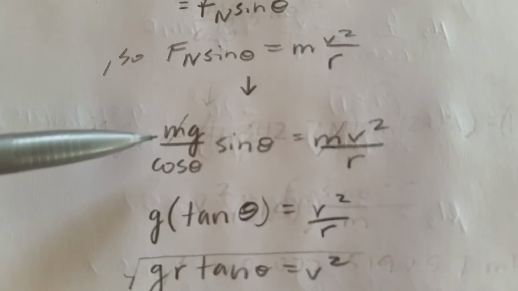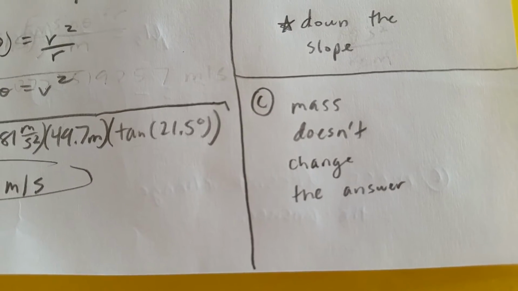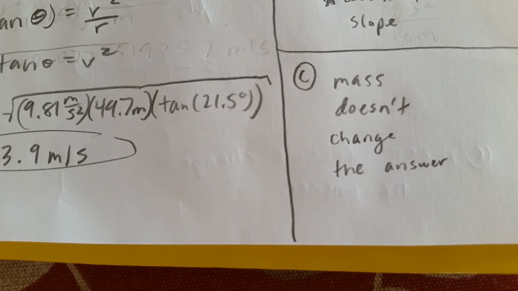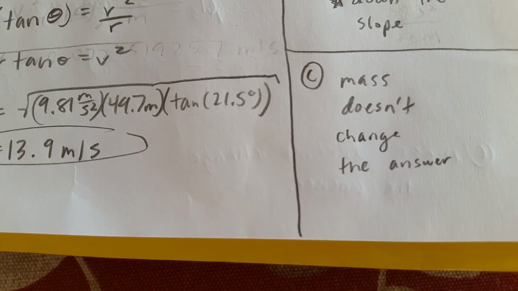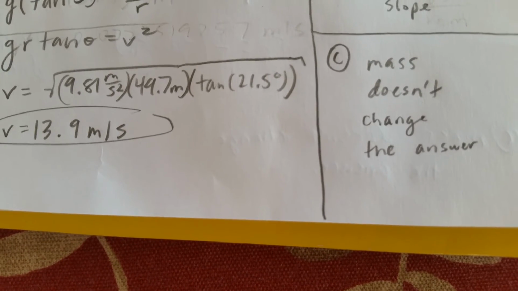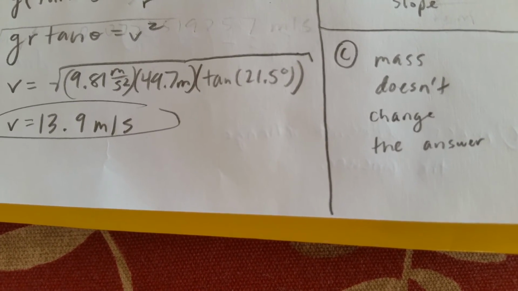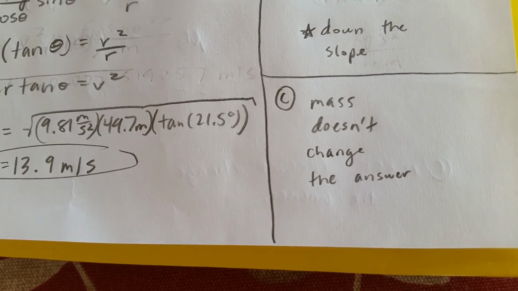So if you cancel out the masses, then mass doesn't matter. So if you do the same thing with a truck that's 3 times the mass, it's not going to change the answer because you cancel it out and it doesn't factor into the actual speed that the truck or car can go. So then the mass doesn't matter at all.